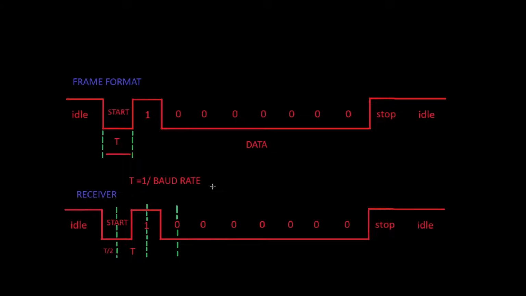You might ask what a baud rate is. It is basically the number of bits that can be transmitted in a single second. So 1 divided by baud rate is the amount of time needed to transmit 1 bit.